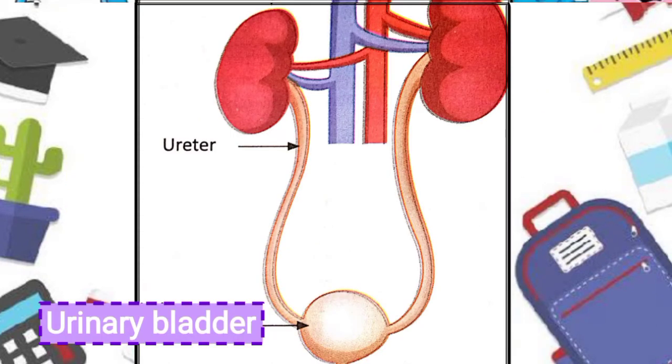Now let's understand the urinary bladder. The urinary bladder is a temporary storage for urine, and its function is to collect and store urine from the kidneys until it can be excreted out of the body.